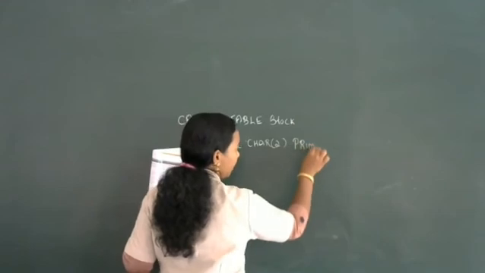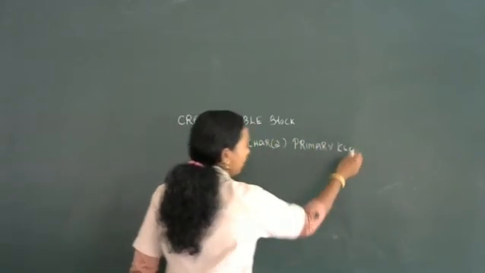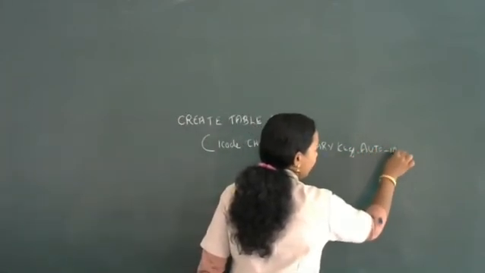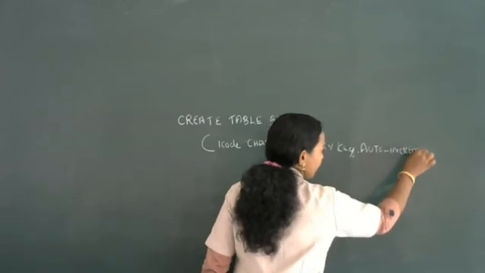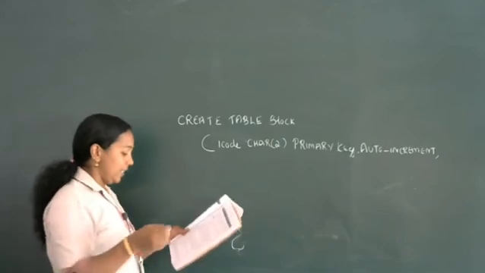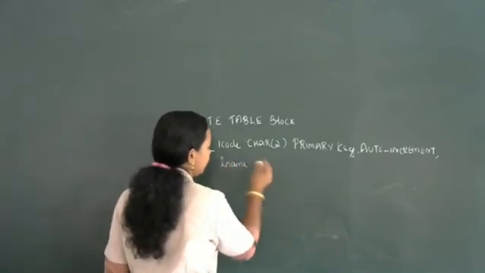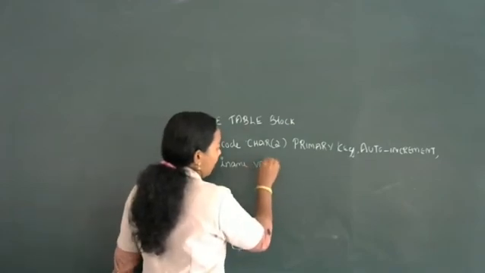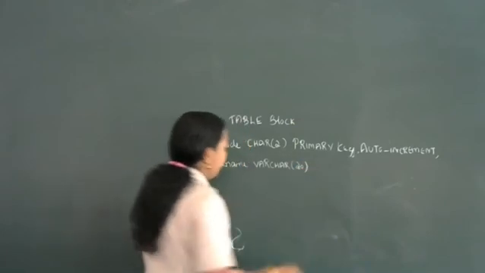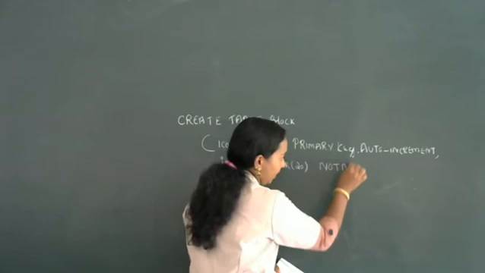Primary key, auto increment, semicolon. Then the second column was item name, varchar of 20. Then name should not be null. So we can write not null.